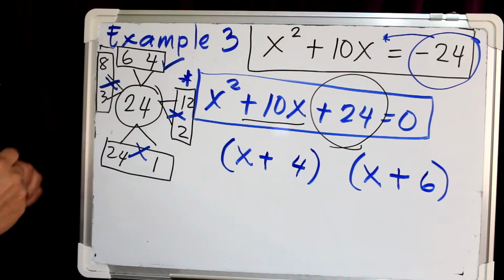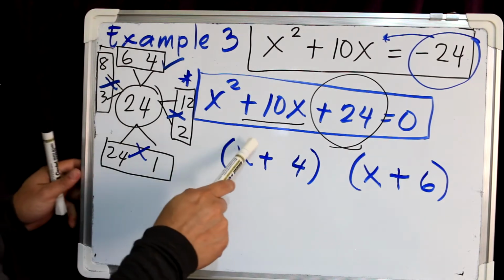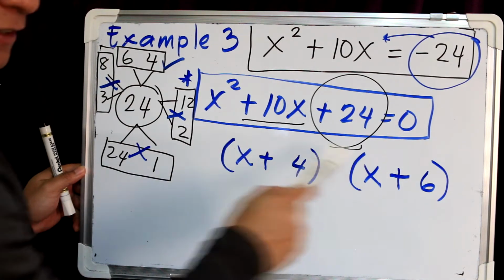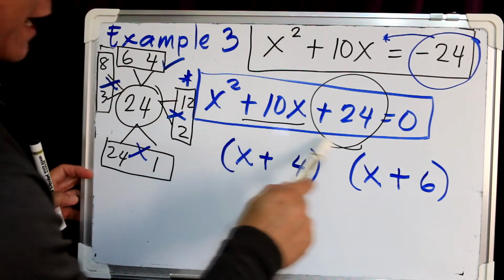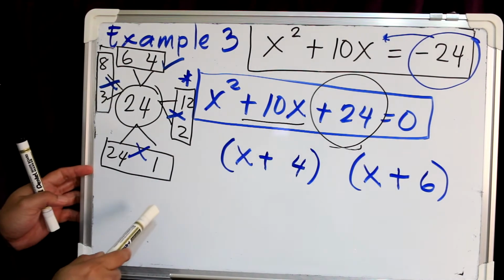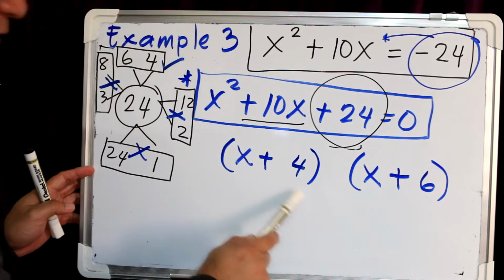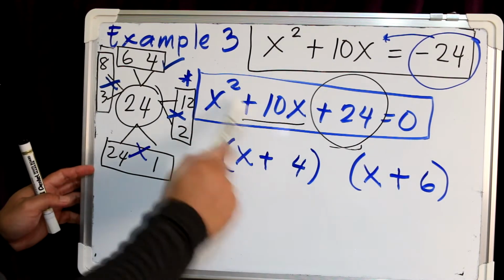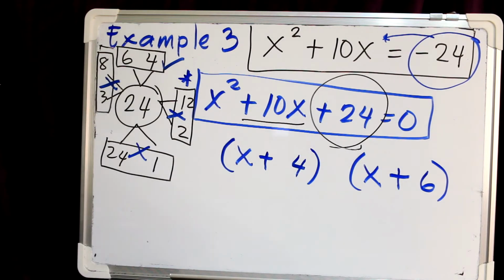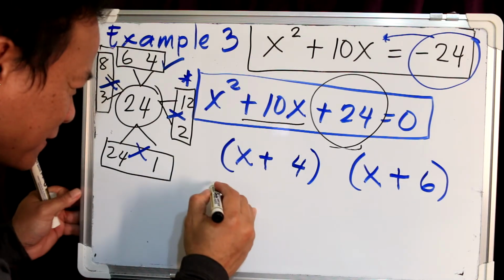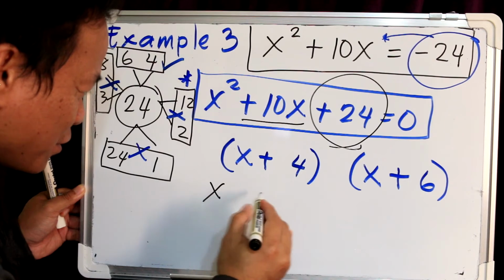So we are going to check again. You will have x squared, and then you will have 6x plus 4x, that becomes our 10x there, and then 4 times 6 equals 24, positive. Alright? So we will go further into this solution.